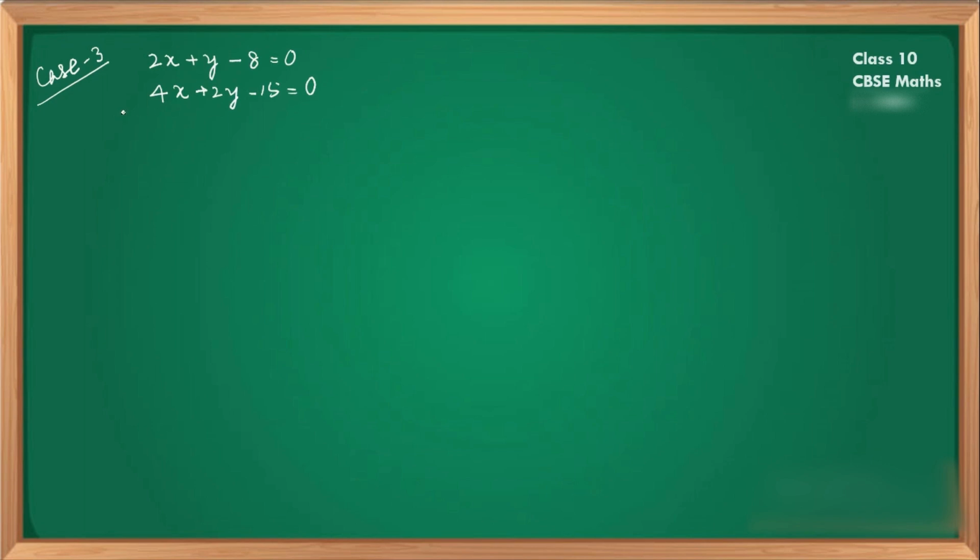Let us compare A1 and A2, B1 and B2, C1 and C2. A1 by A2 is equal to 2 by 4. A1 is 2 and A2 is 4. You can simplify this: 2 into 1, 2 into 2, and that is equal to 1 by 2.